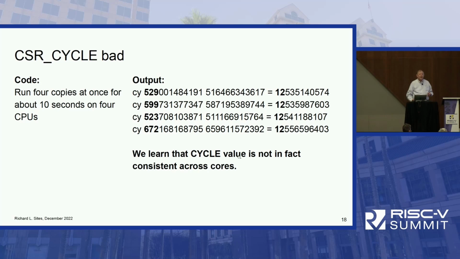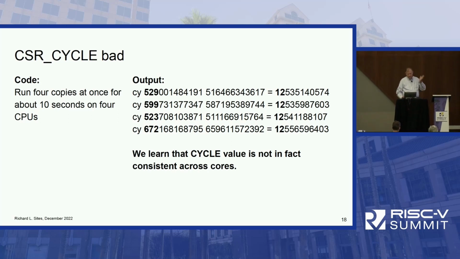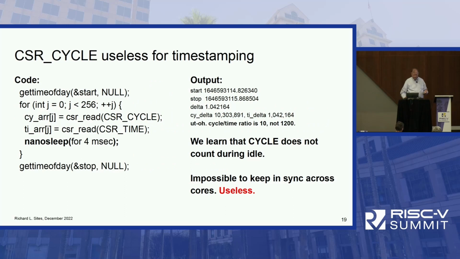So that means that I can't use the cycle counter to timestamp events on 4 different cores and line them up in time. I thought, maybe I can calculate the differences once, and then the differences will remain constant, and I can use the cycle counters after all.